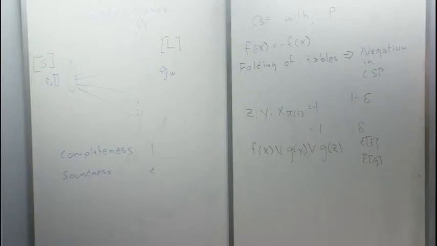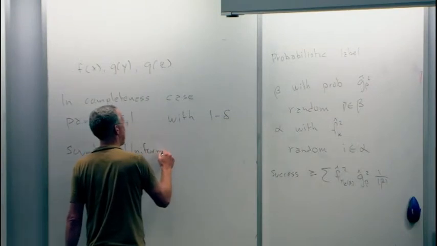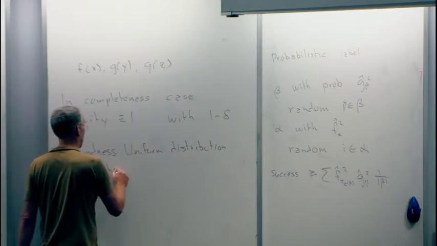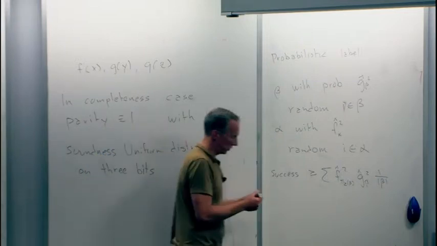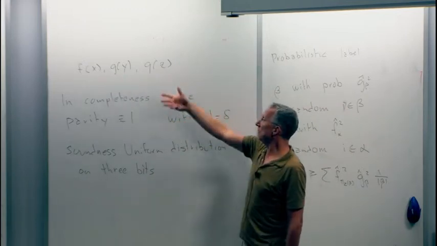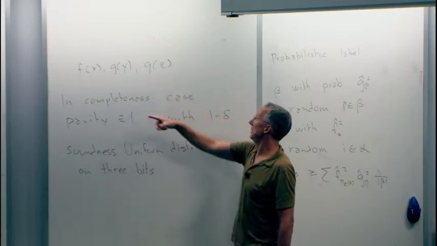So I want to make an observation. If you looked at these 3 bits, in the completeness case, we in fact have the parity of these 3 bits is almost always 1.